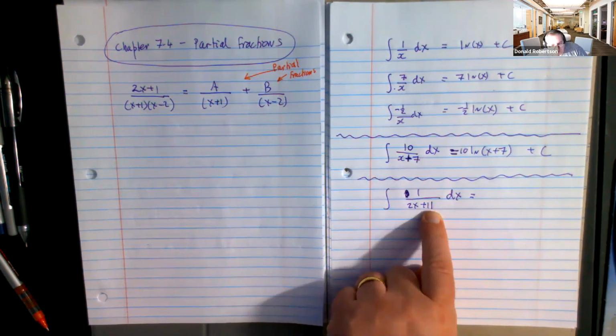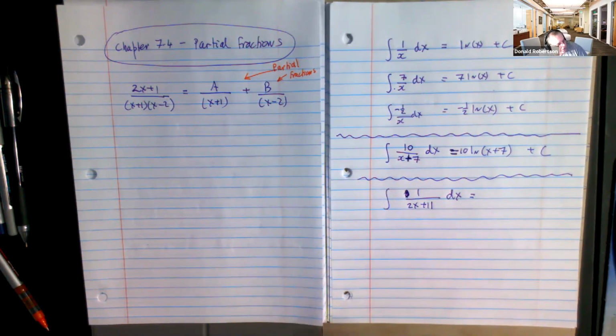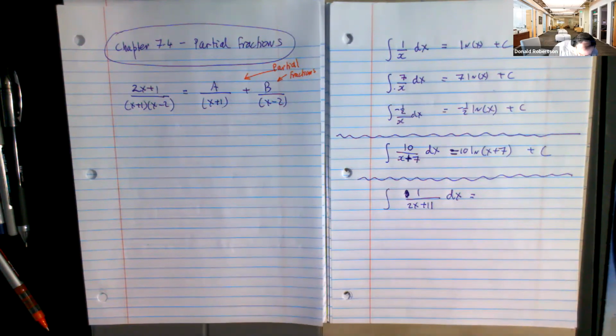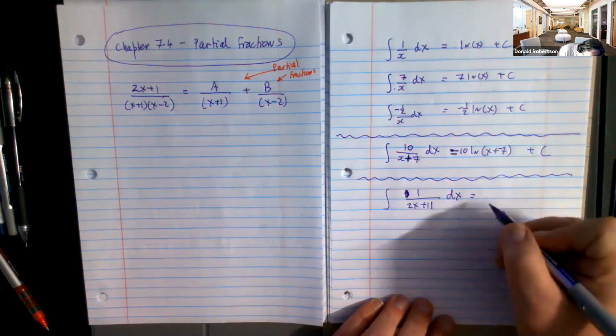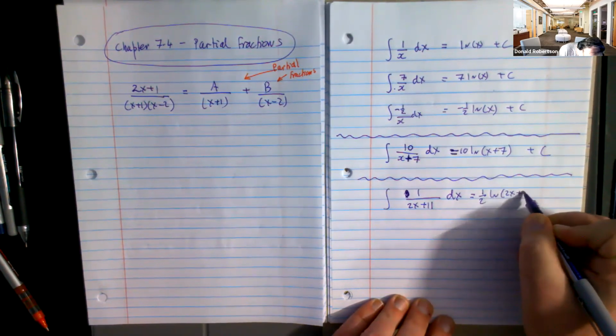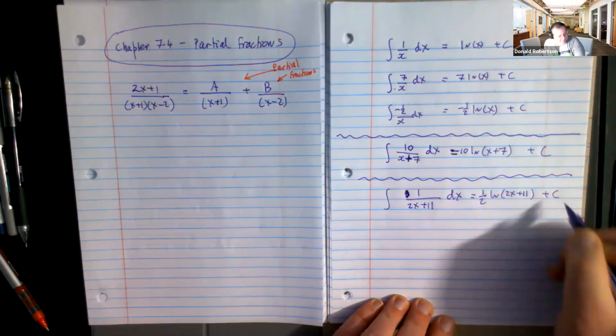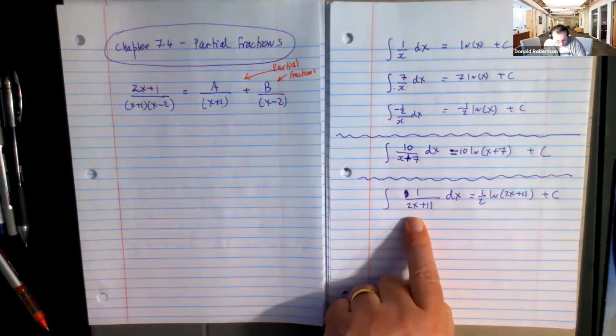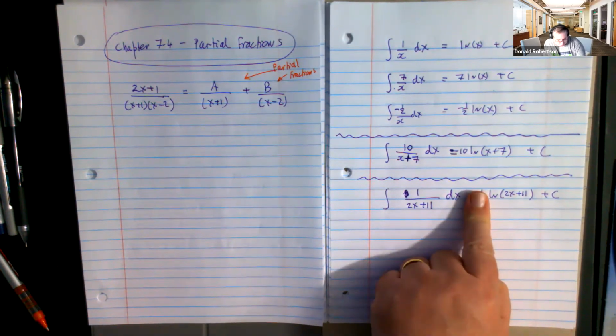If you want to integrate this, you can do it by a u sub, and if you forget the shortcut, just grab a piece of scratch paper and do it as a u sub. But if you want to, this is the shortcut. Now, the 1 over 2x plus 11 gets you the natural log of 2x plus 11. But where did that darn half come from?